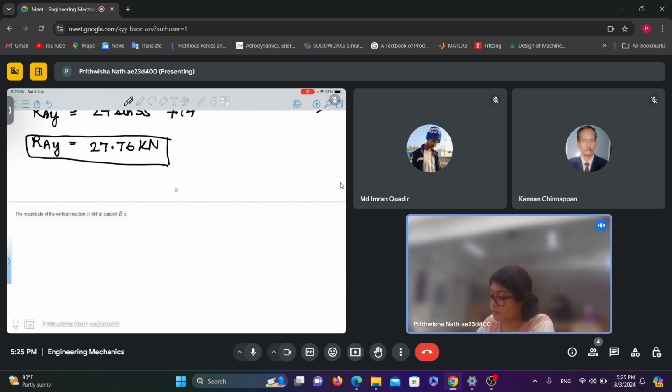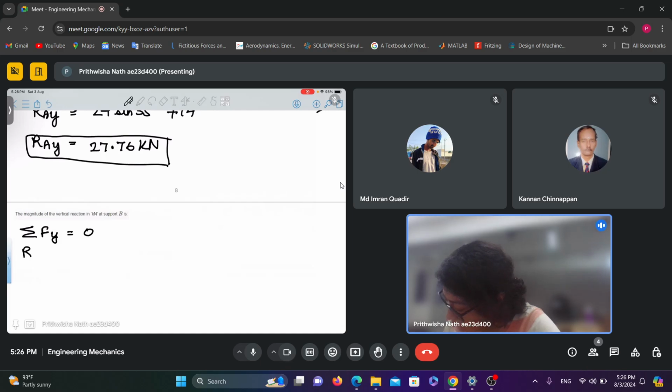Now, the resultant of force in the y direction should be 0.